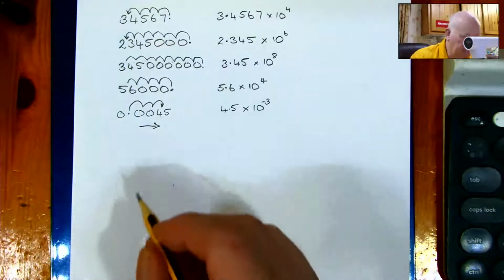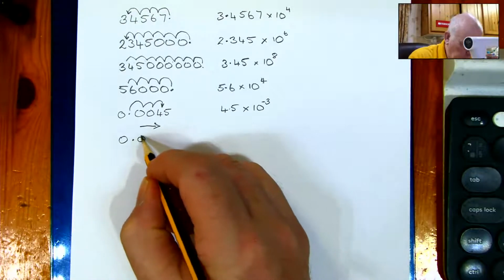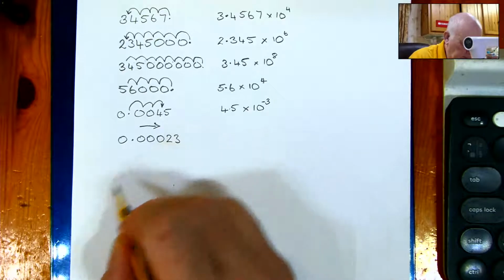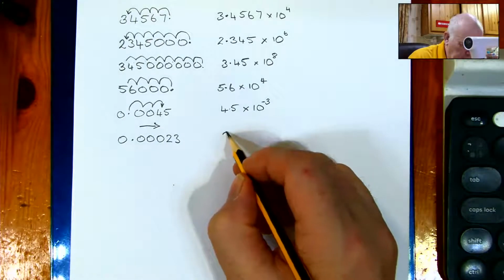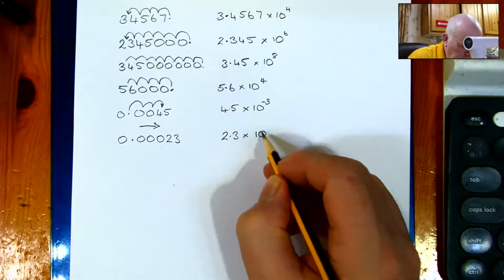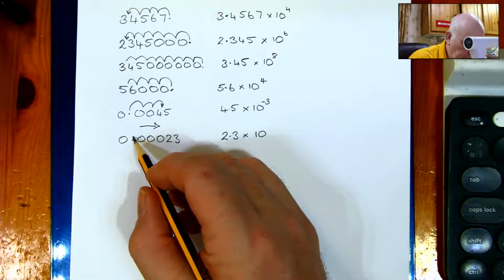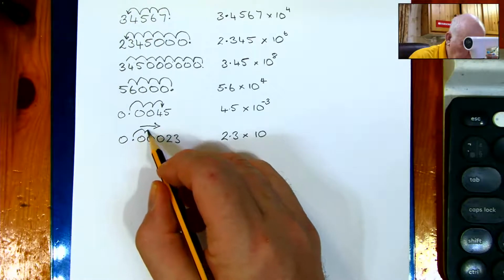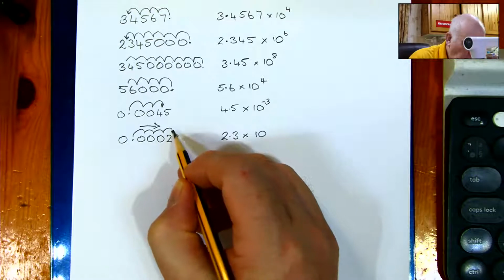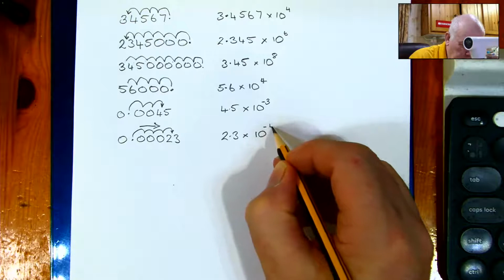Let's try that again. Let's take another number, 0.00023. That's going to become 2.3 times 10 to the power of, and our decimal point's moving 1, 2, 3, 4. So it's 10 to the minus 4.